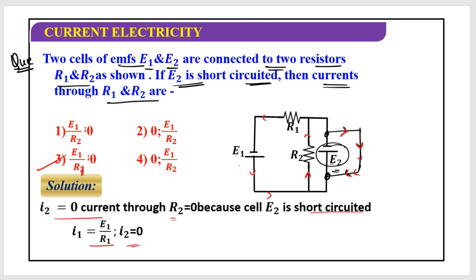I hope these things are clear. So this would be the correct answer. Every time it is not necessary to apply KVL or KCL. It might get solved with the help of very basic formulas as well. So please try to get it done.